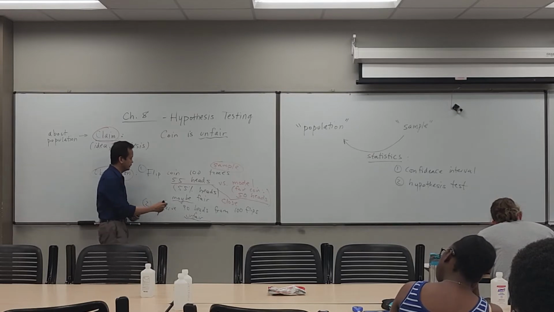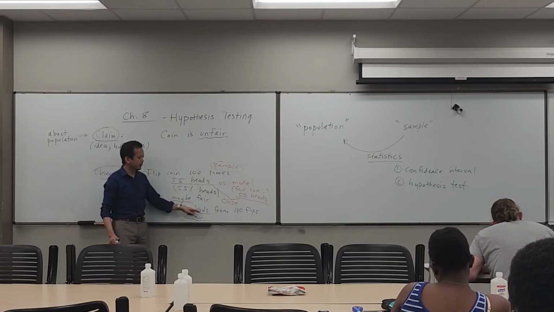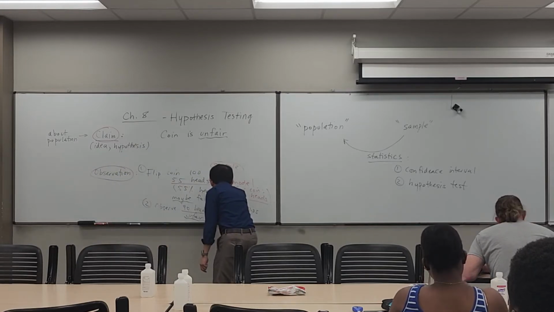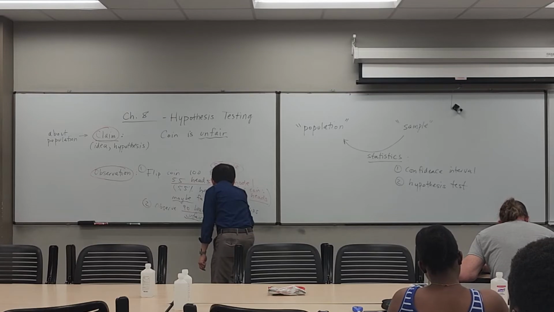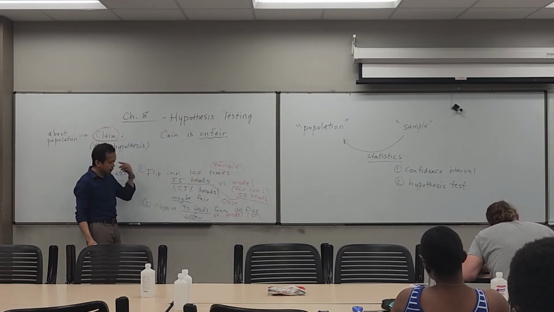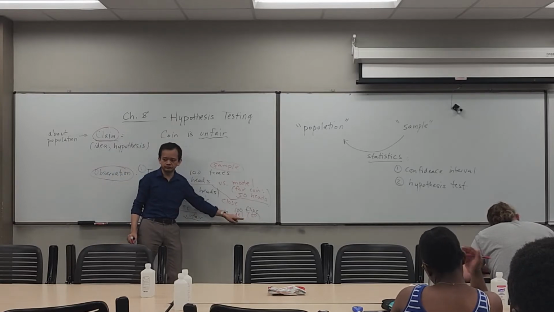In the second case, really we're doing the same thing. We're taking this observation of 90 heads, and again comparing it to the model, versus 50. And in this case, subconsciously we've determined that the observation of 90 heads is not close enough to the model of 50.